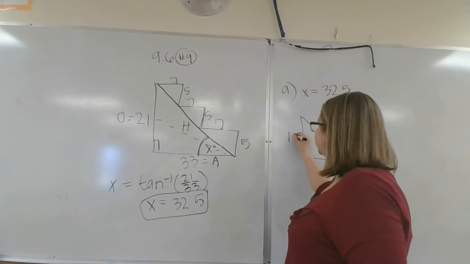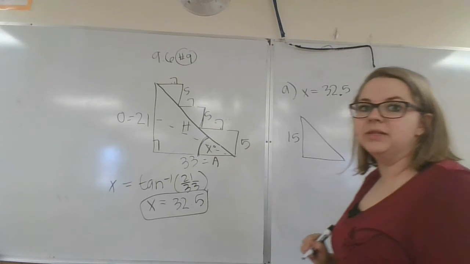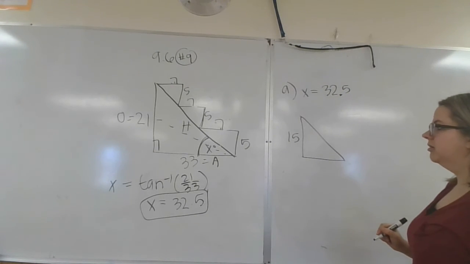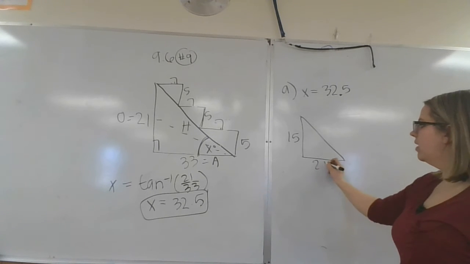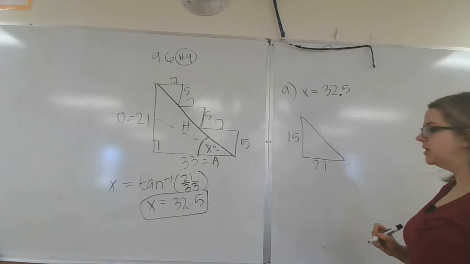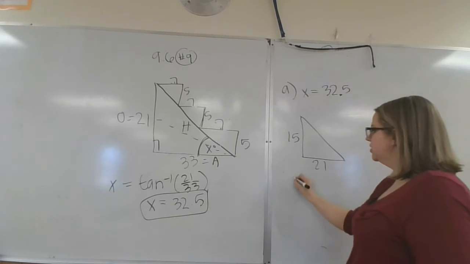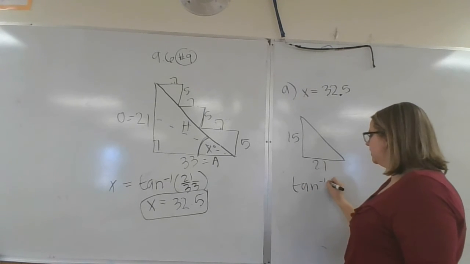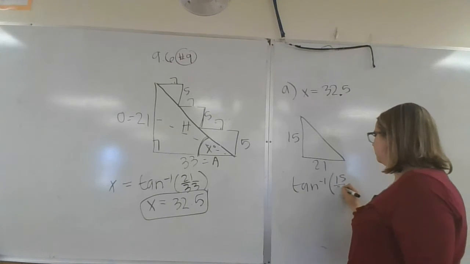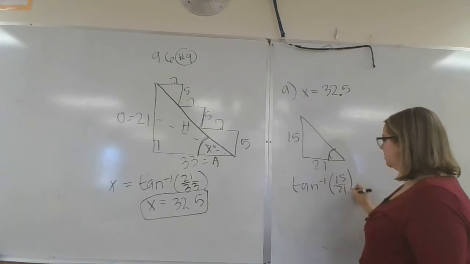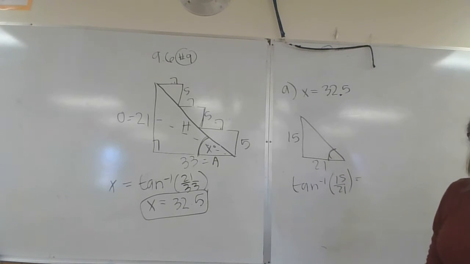That's going to be 15 tall. And it's going to be 21 wide. Okay, we're going to see if that makes the angle we want. So we're going to just do tangent inverse of this guy, 15 over 21, because we're looking at this angle here.